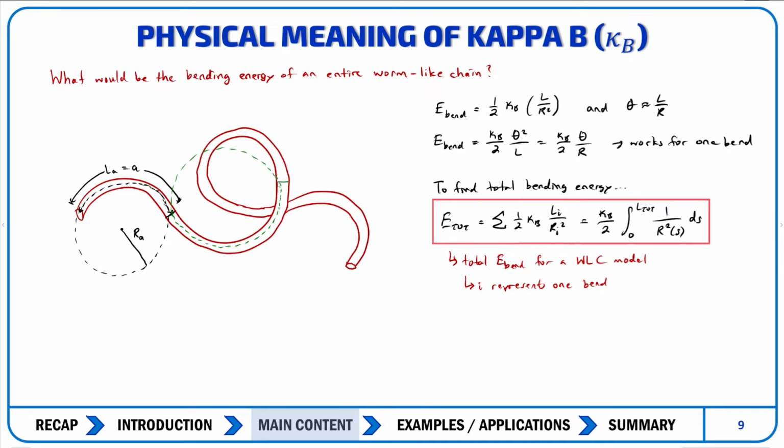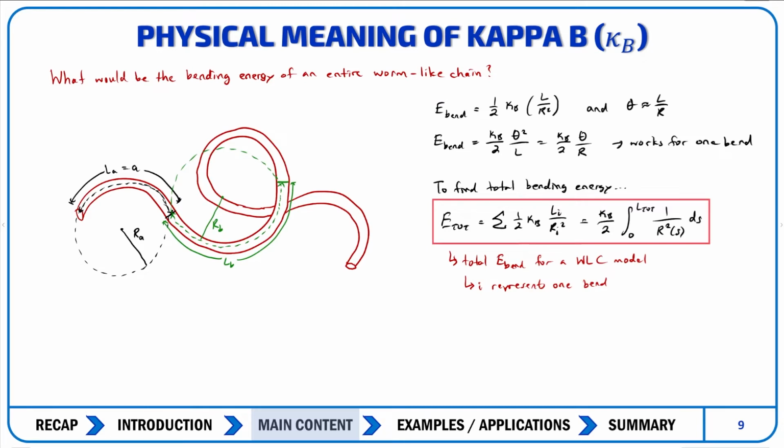So something like this, and it ends off here. So now we have some sort of length LB, like that. And we have a radius of B.